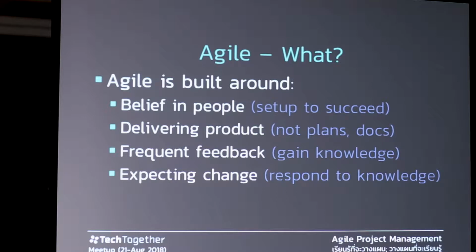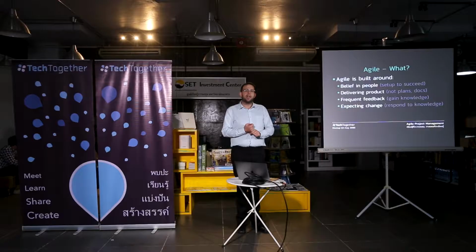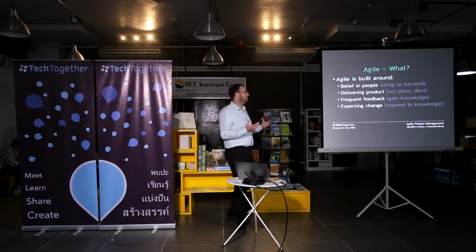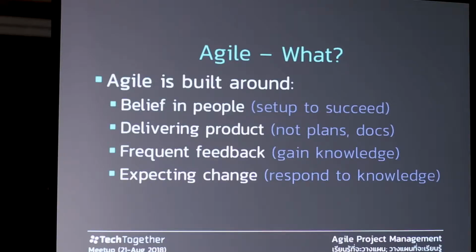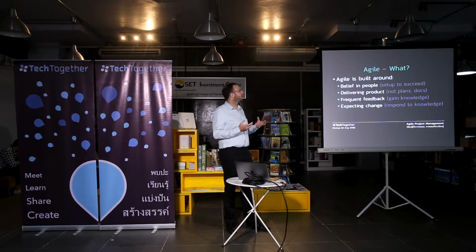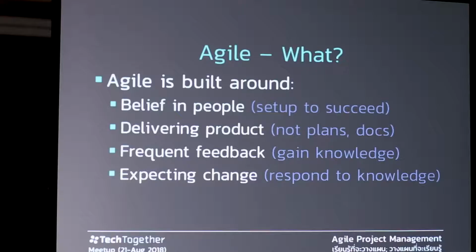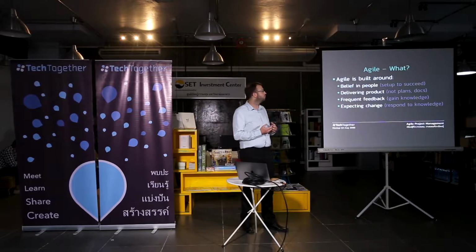Agile is belief in people. So Agile is trying to make a team strong and give them the chance to succeed. If you bring the right people together, if you give them what they need, if you support them, then they will be creative, innovative, they will find a solution to your project.